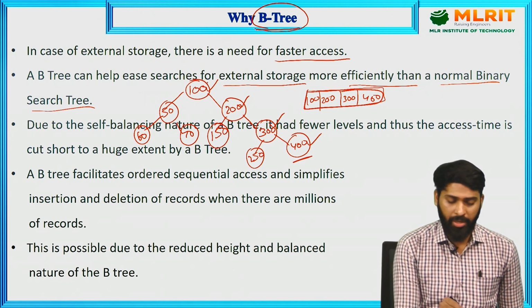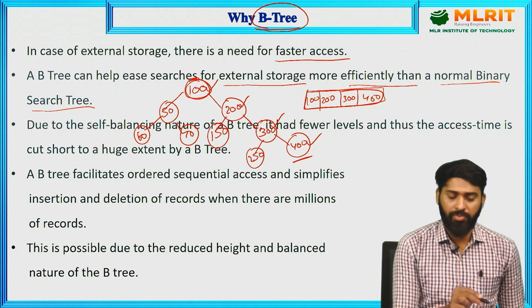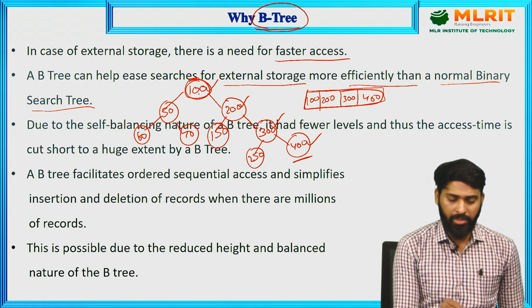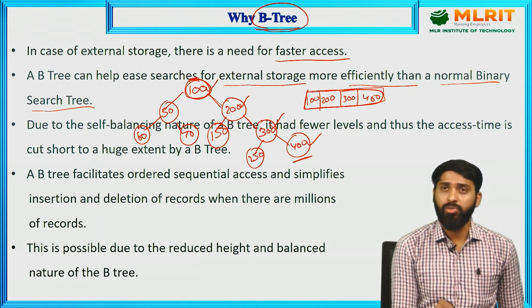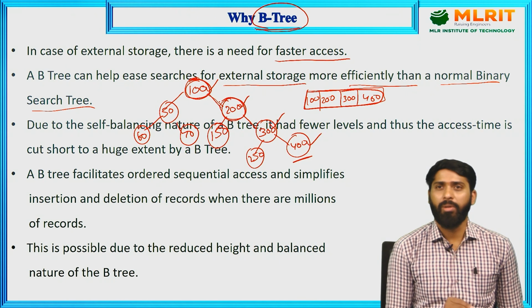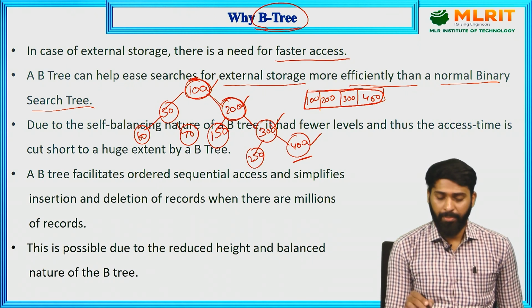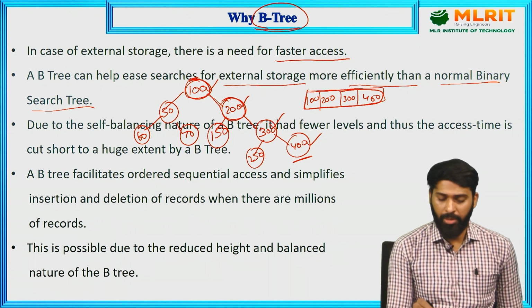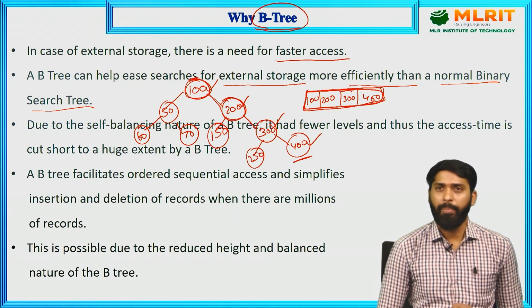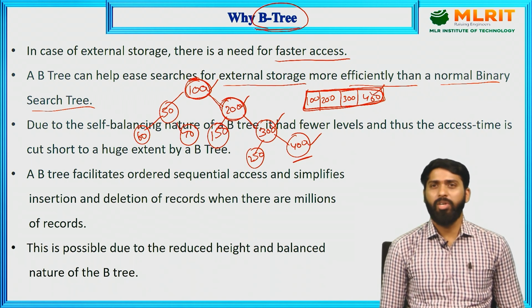That means in binary search tree, first we load 100 into primary memory, then it is not matched, then we traverse to the right side and again load the 200 into primary memory from secondary memory. But in B tree we can store more than one key in a node, and the entire node is copied into primary memory. So, that is the advantage of B tree.